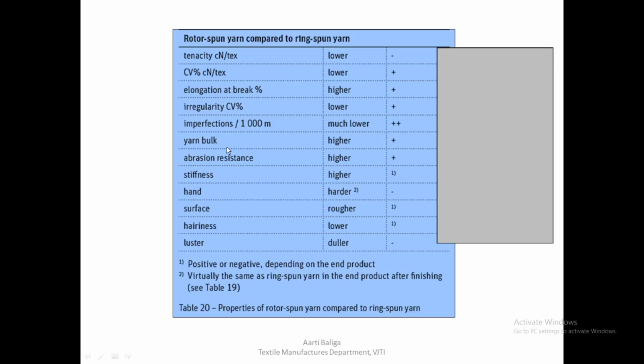Then yarn bulk can be made higher, and again it's a positive point. Abrasion resistance is higher because of the lower hairs and because of the wrapper fibers which try to keep all the fibers together in the yarn body and bind them together. So it's a positive. Stiffness is shown as higher, but it can be changed. The one here tells us that it can be positive or negative depending on the end product.